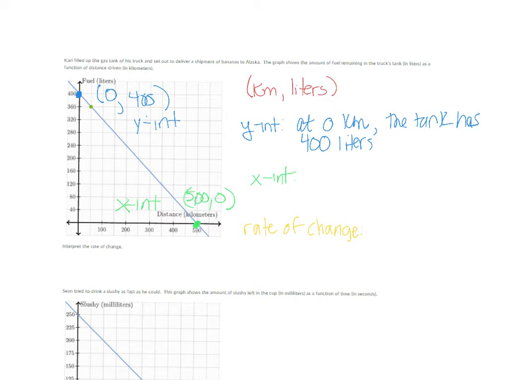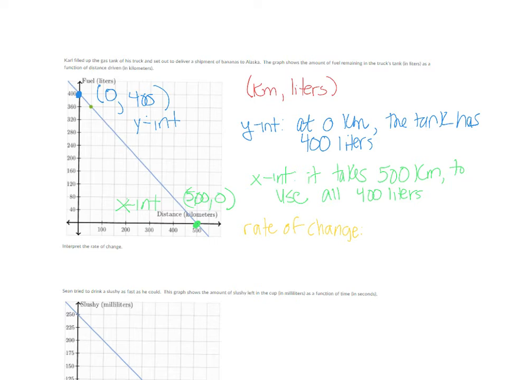What this would tell me is that it takes 500 kilometers for there to be 0 liters of gas, to use all of the fuel in the tank. How much fuel was in the tank? 400 liters.